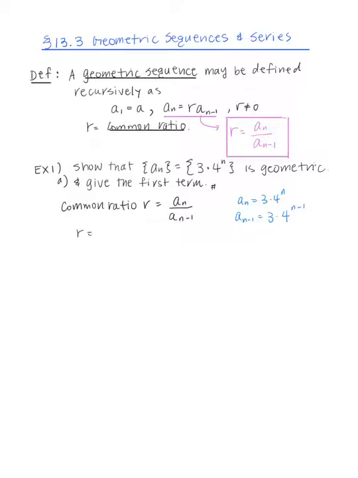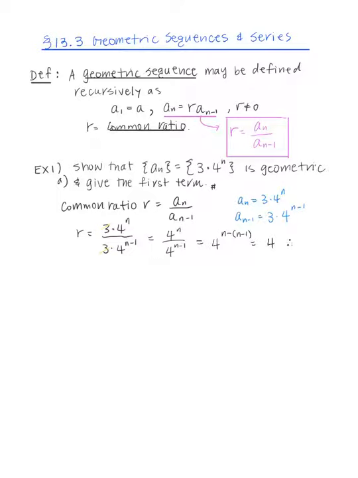Therefore, our r is going to become 3 times 4 to the n divided by 3 times 4 to the n minus 1. So we can cancel out the 3. Now who's left over? We have 4 to the n over 4 to the n minus 1. Now let's combine this together. So we're going to have 4 to the n minus n minus 1, so this is just 4.